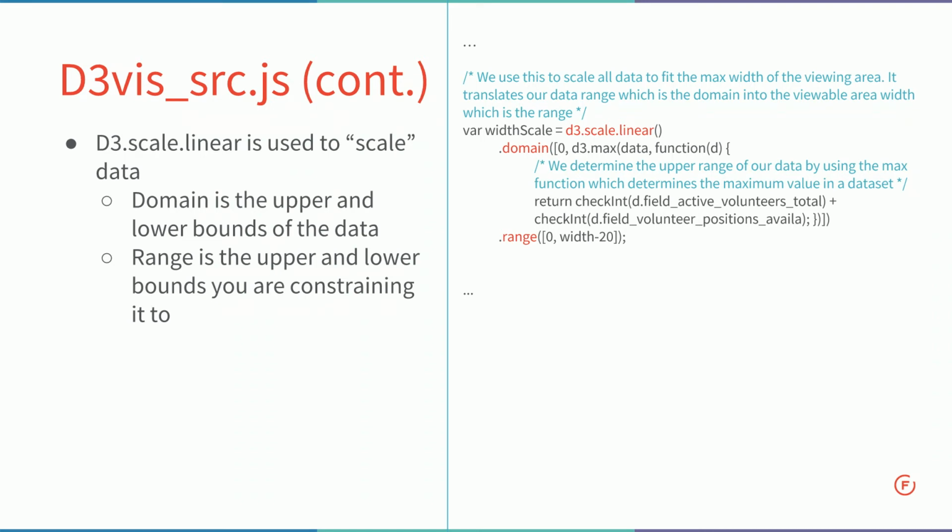That maximum function is going to use the active volunteers total and the active volunteers available, add those together and figure out whatever the maximum one is of that entire data set. That's going to be our max, and it's going to use that for the upper bound. And then, of course, the range is what you're scaling that to. So 0 is still the minimum range, and the maximum is we're trying to scale it to the width of our display. I just put it -20 so you don't have a bar going all the way to the absolute edge of the display.